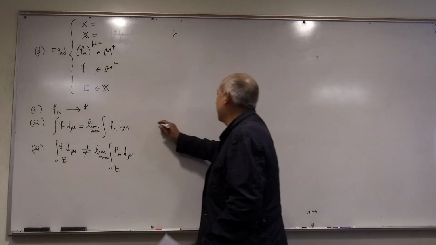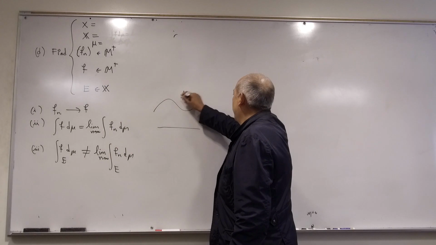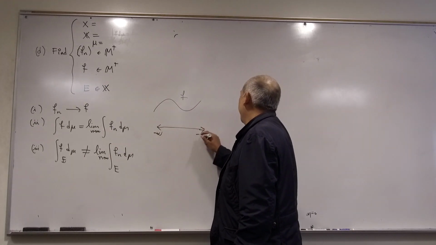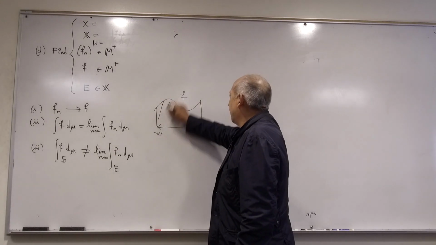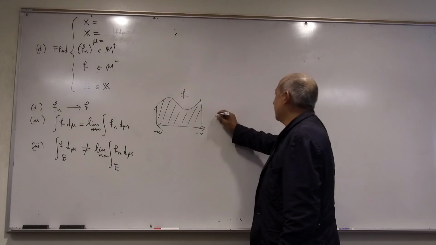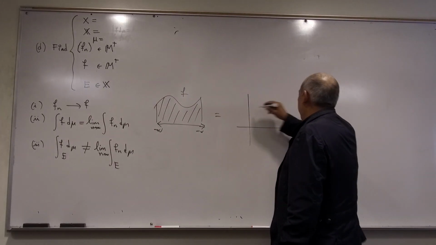In other words, let's say that this is your function f. The area from minus infinity to infinity, if you think of the Riemann integral, is the same as the limit of the areas of fn.